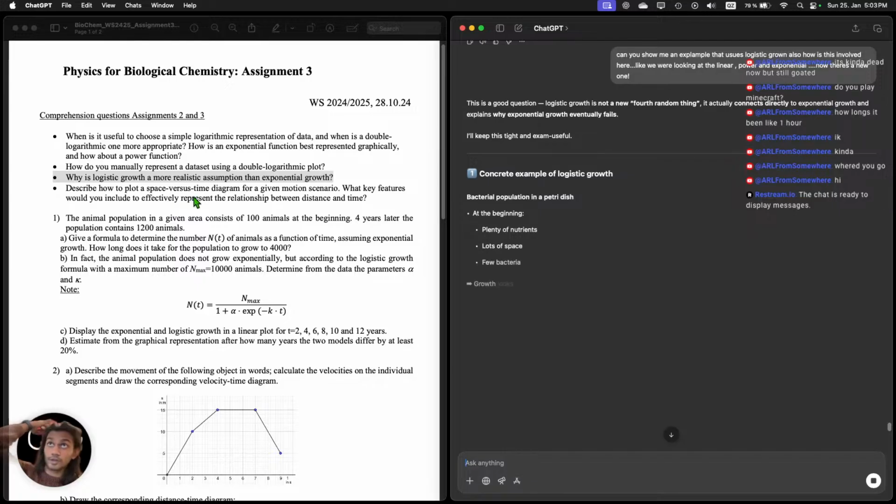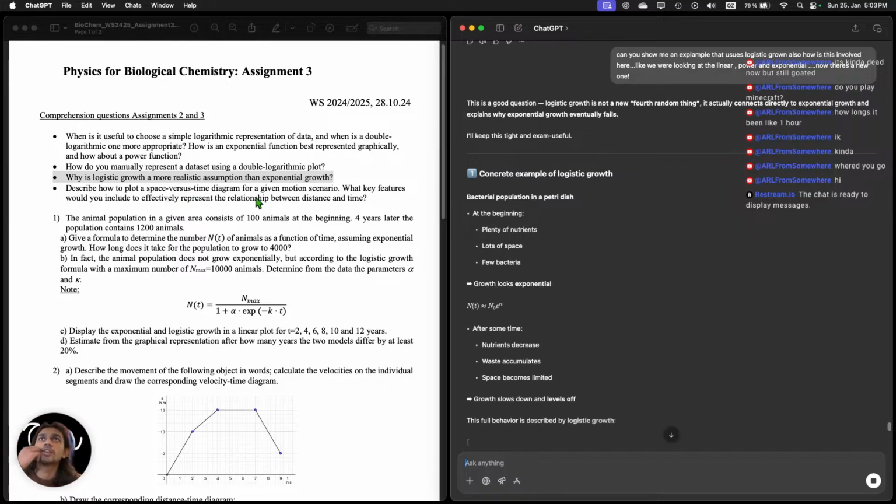Describe how you would plot a space versus time diagram for a given motion scenario. What key features would you include to effectively represent the relationship between distance and time?